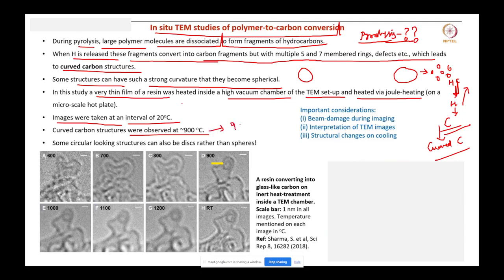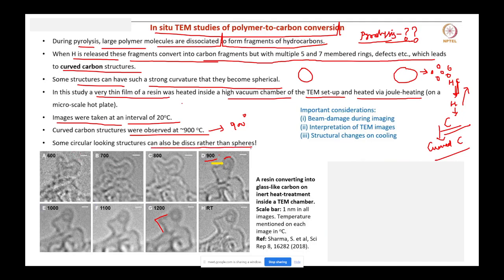Here you can see, this is the 900 here. You can see something like this. Maybe this is, I also do not interpret this. But yeah, here it is more like a straight kind of structure, but here it is more like curved carbon, and some circular looking structures can also be discs rather than spheres.